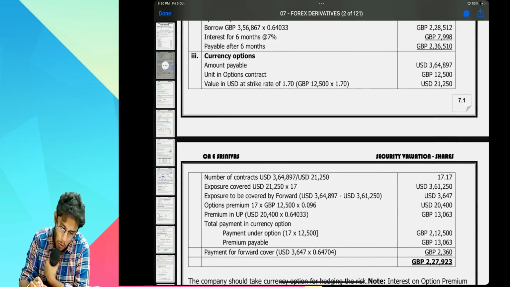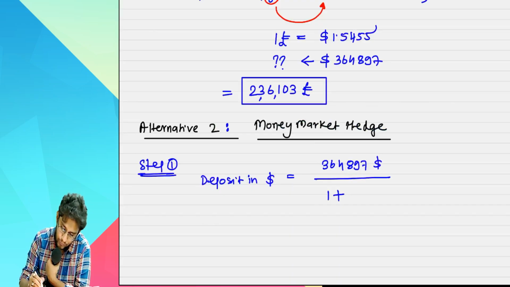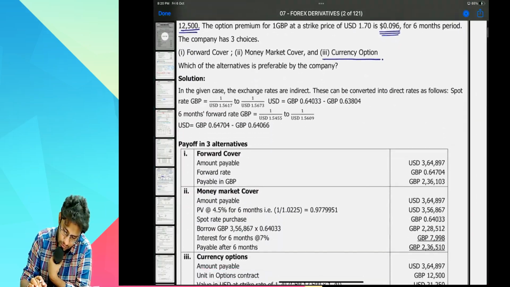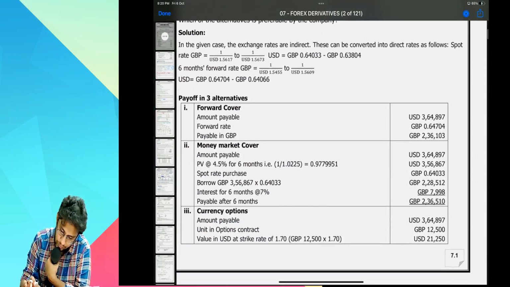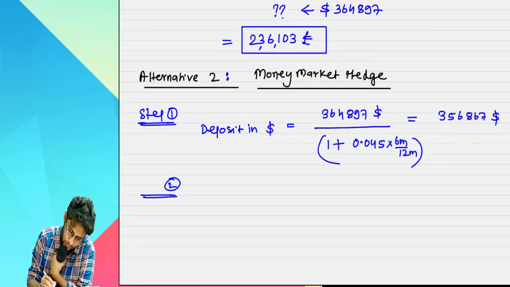Dollar deposit rate, for how many months? 6 months. Sort out this. 356. So spot rate 1 pound is equal to $1 point.